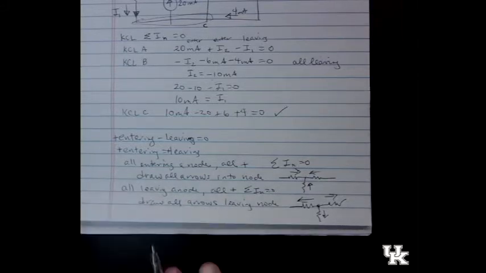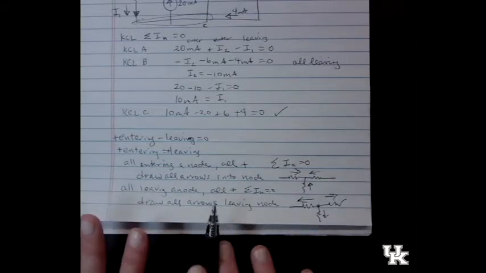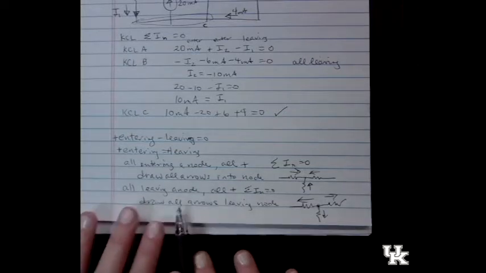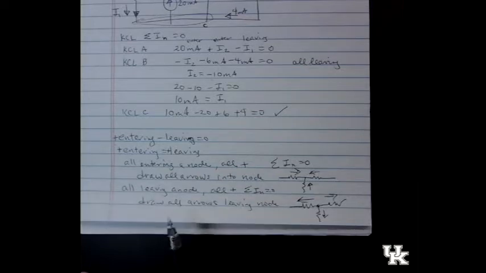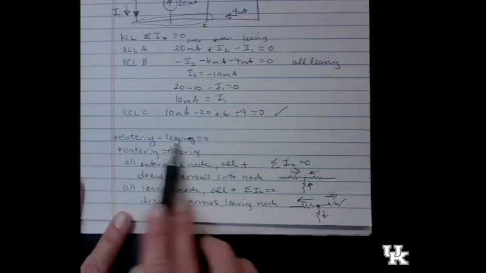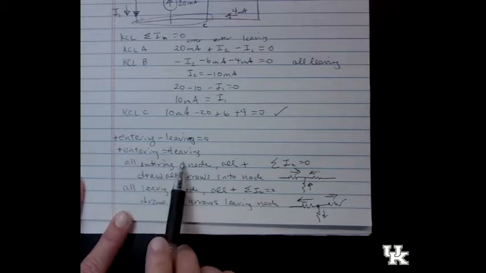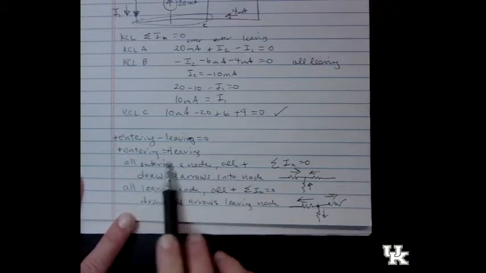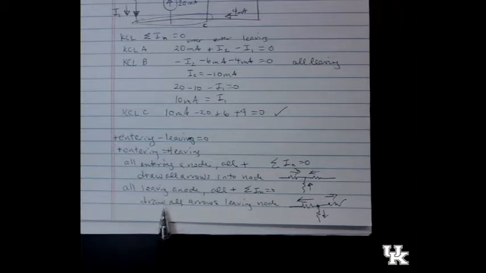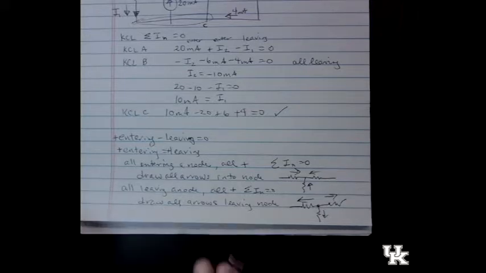We're going to use nodal and mesh analysis that use these techniques, KCL and KVL. So there's a reason to learn this and have a habit with it. So either entering minus leaving, or entering equals leaving, or treating them all as entering or all leaving. One of these is going to make most sense to you once you get going with bigger and better circuits. They're all mathematically the same. They're all fine with me.